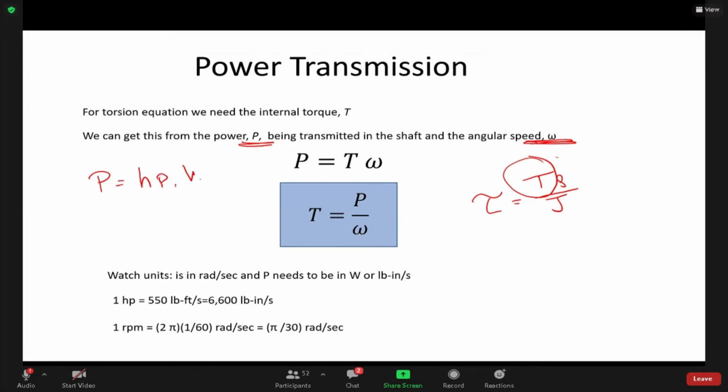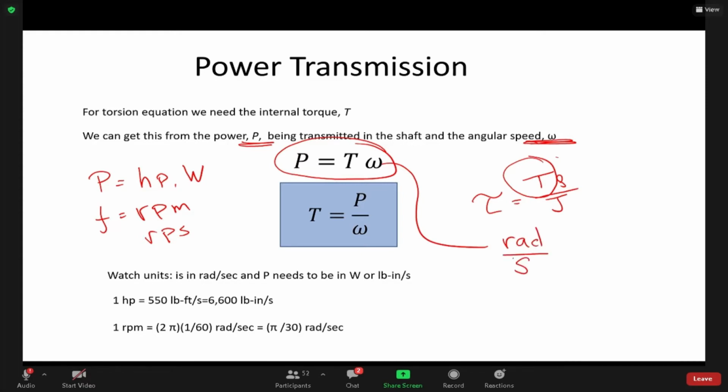A lot of times you're going to see the power given in horsepower or watts. And for the angular speed, which I'll call a frequency, you'll see it as revolutions per minute or revolutions per second. If you remember from physics 1, the power is equal to the torque times the angular speed. But the units of this angular speed need to be radians per time, like radians per second.